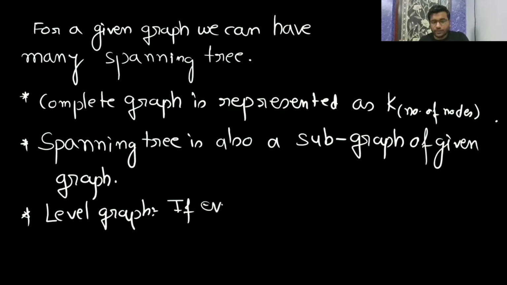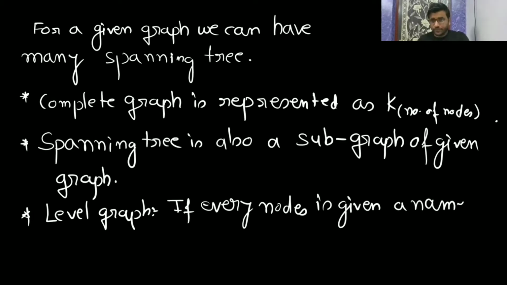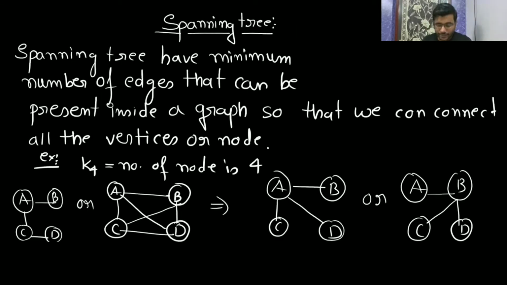If every node is given a name, then it is a labeled graph. So when you have K3, you get three spanning trees.